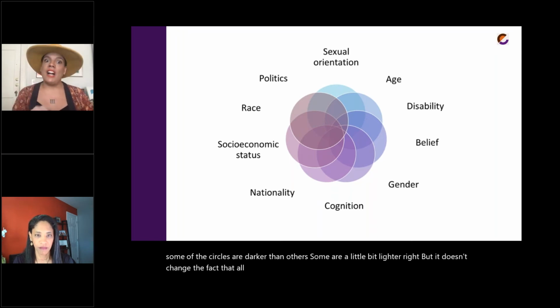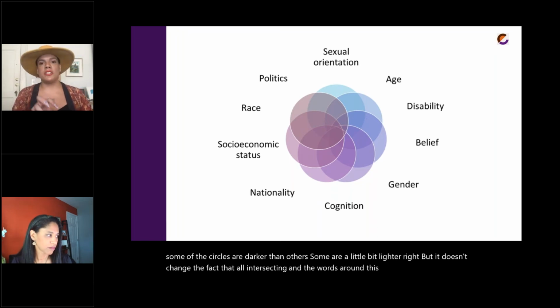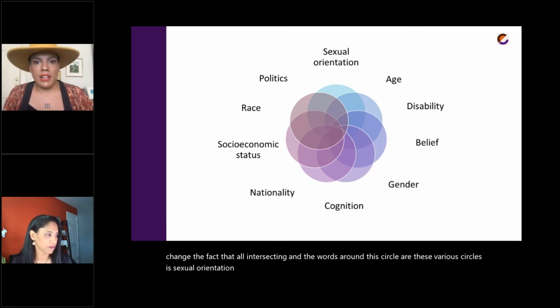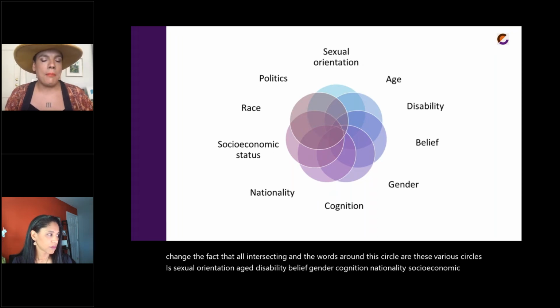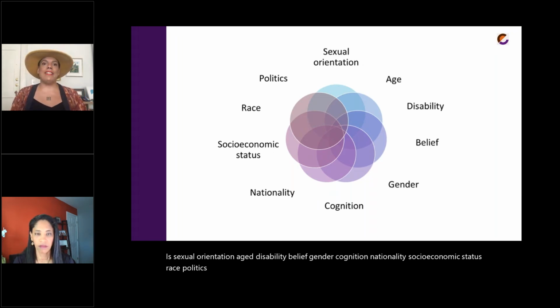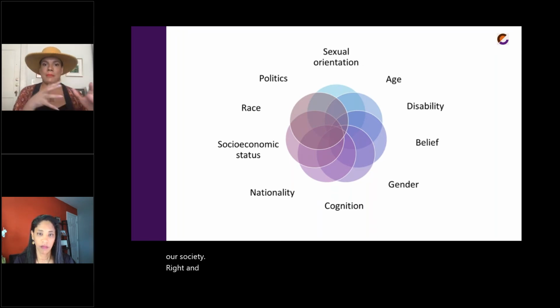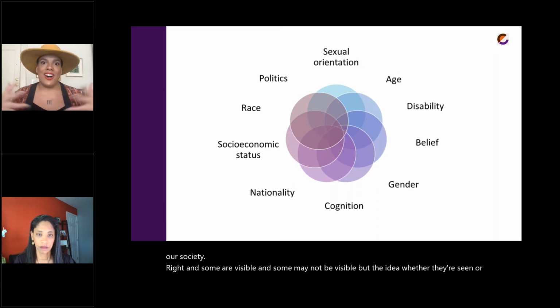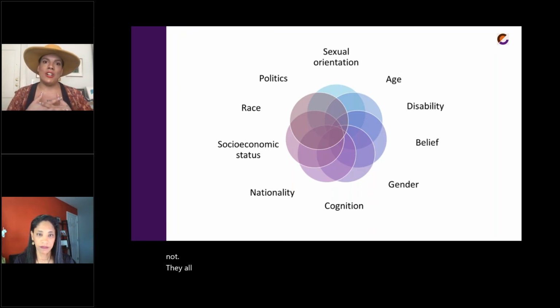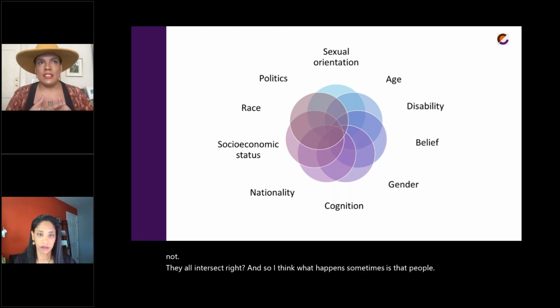The words around these circles are sexual orientation, age, disability, belief, gender, cognition, nationality, socioeconomic status, race, politics, right? These are just some of the key identifiers we have in our society. Some are visible and some may not be visible, but whether they're seen or not, they all intersect.